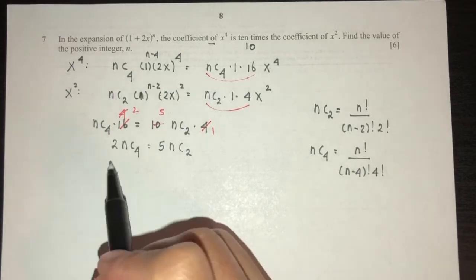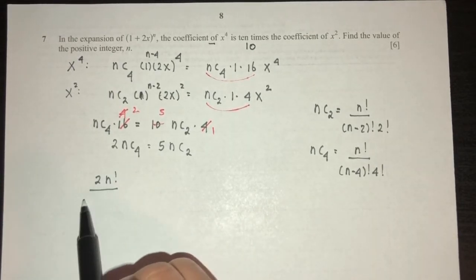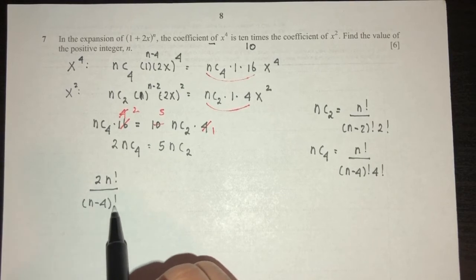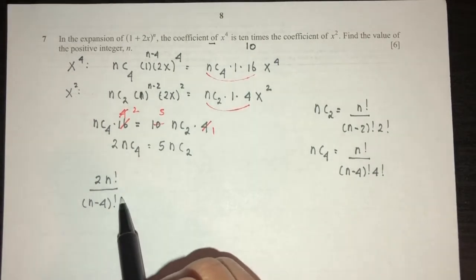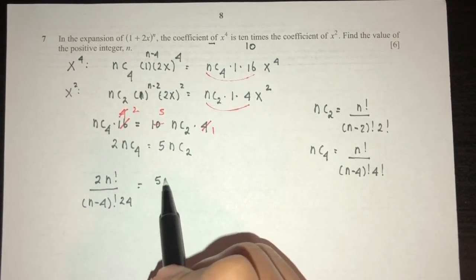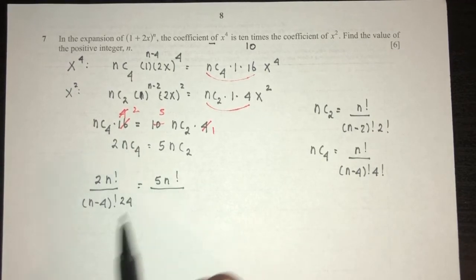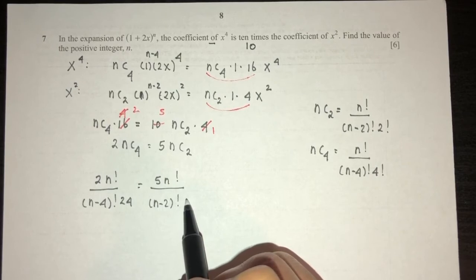You will have on one side 2 n factorial over n minus 4 factorial. What is 4 factorial? It's 24. And you have equal to 5 n factorial over n minus 2 factorial, and then we have 2.